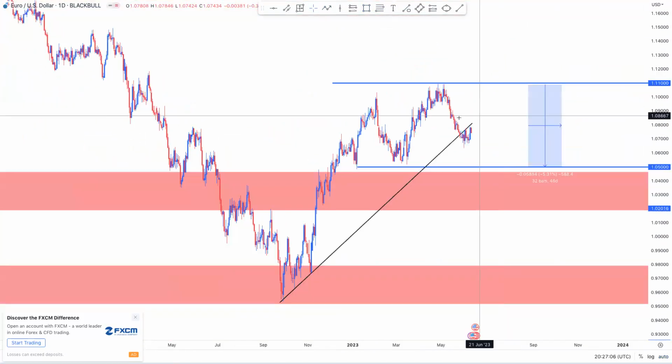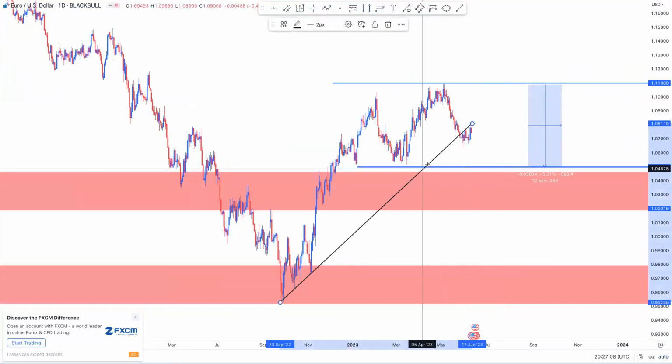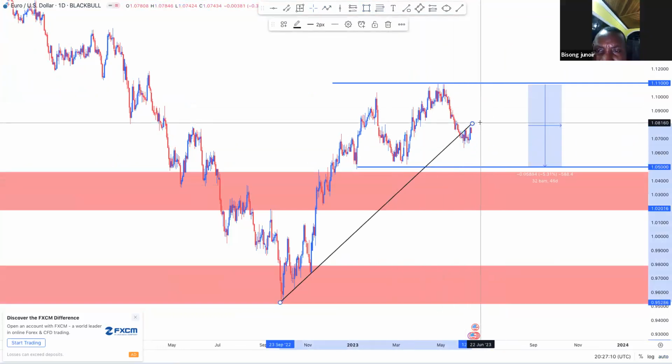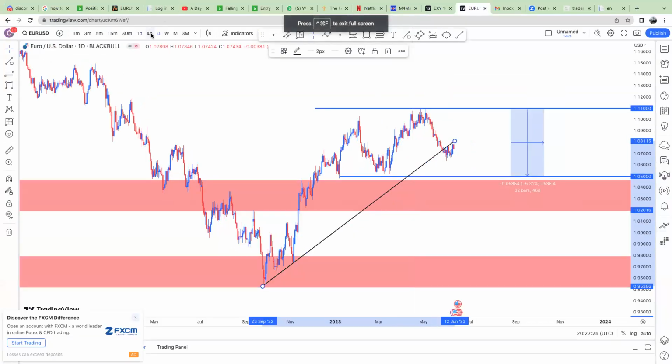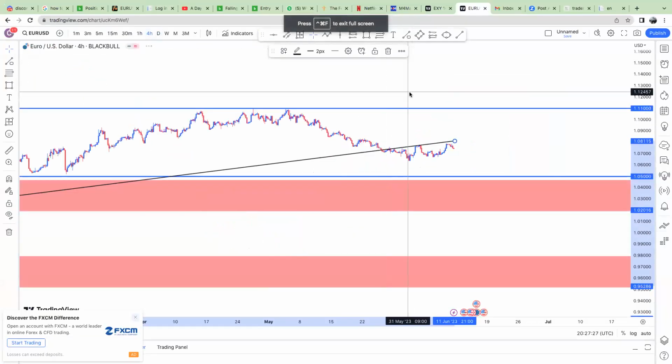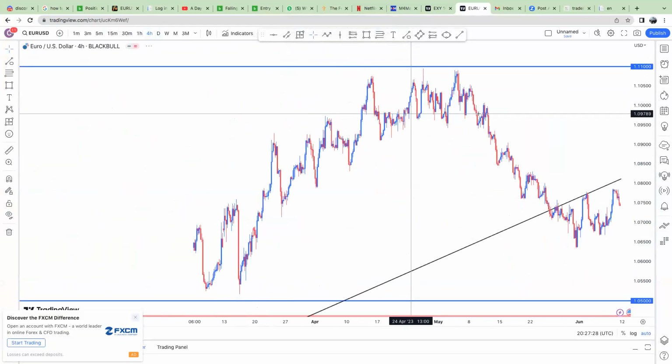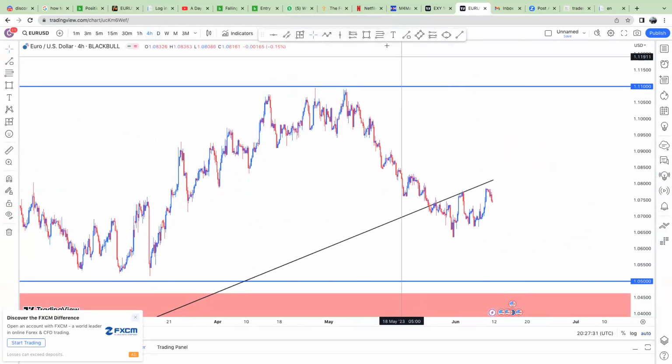Now, this is what I am looking at right now. My place of interest is between 1.10 and 1.500. Okay. Now, another thing I would like to do is to also move to another time frame, maybe 4 hours, and draw another set of supports and resistance.